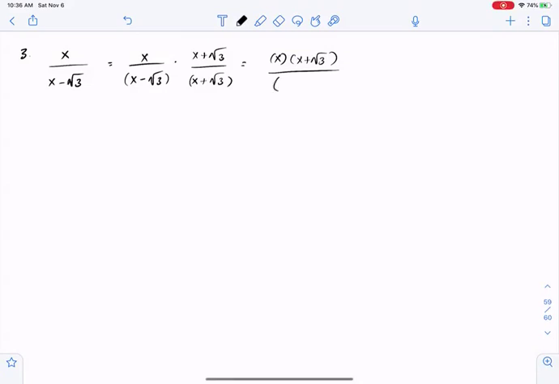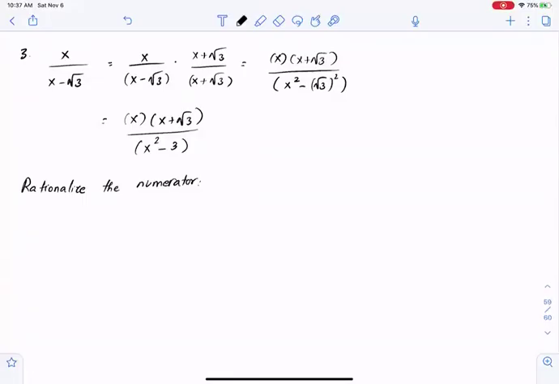So we will end up having a squared minus b squared, so x squared minus root 3 squared. So x times x plus root 3 divided by x squared minus 3.